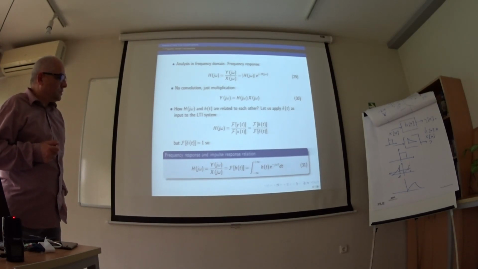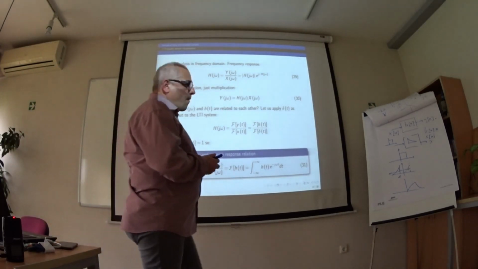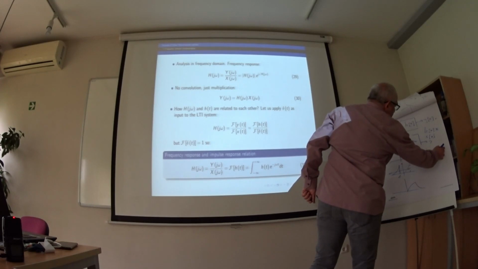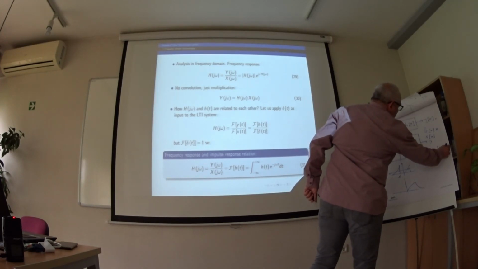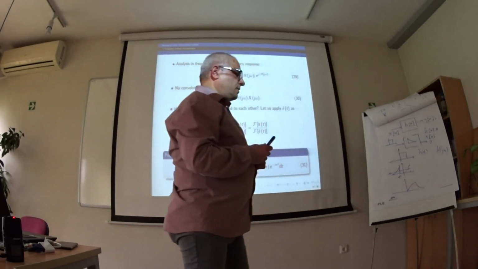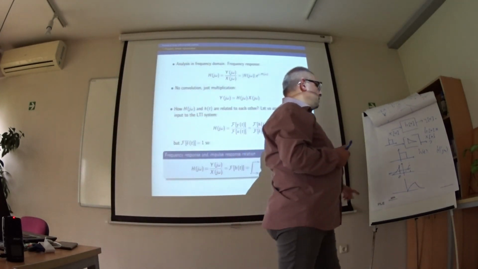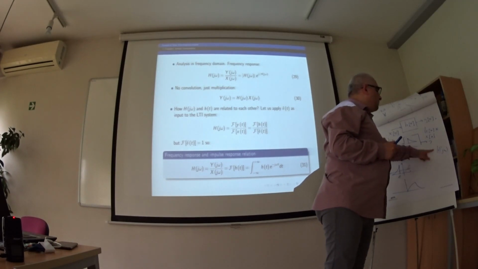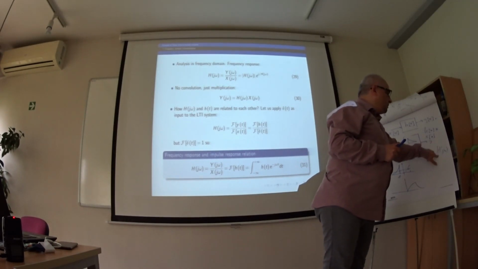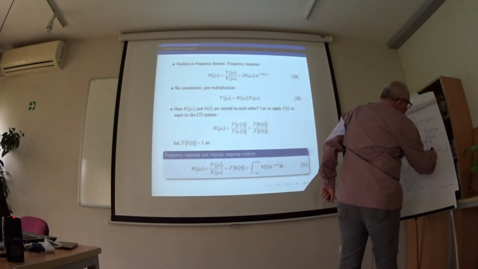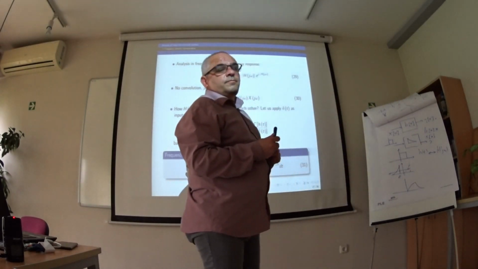So the impulse response h of t and the frequency response H of j omega give everything about the system. This gives everything about the system in the time domain, this gives everything about the system in the frequency domain, so we expect a relation between them.